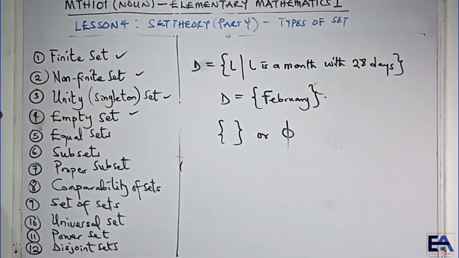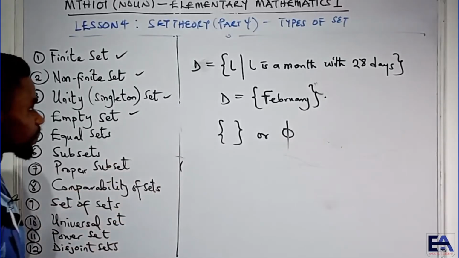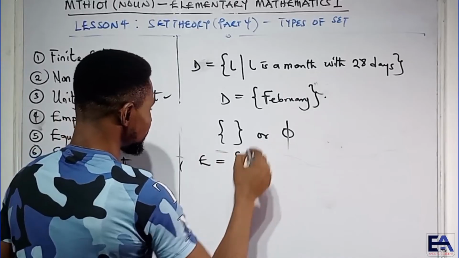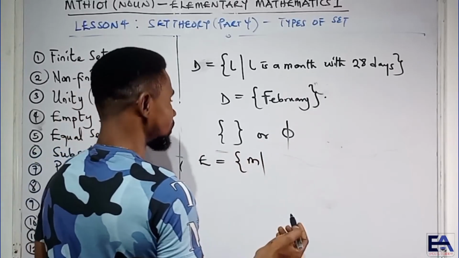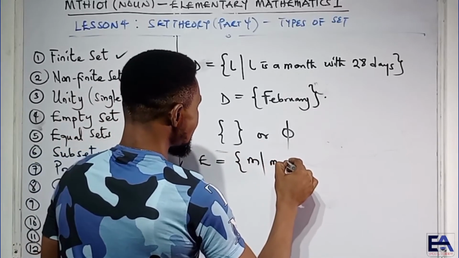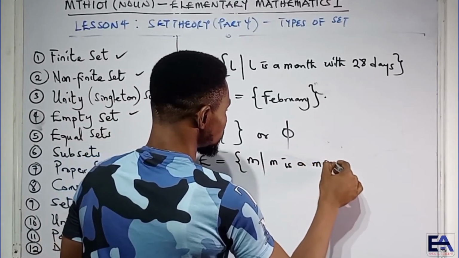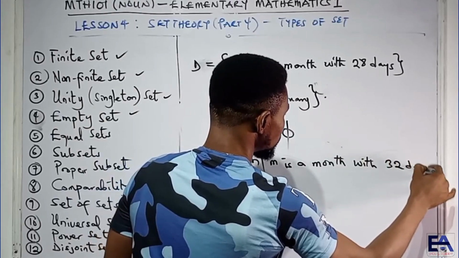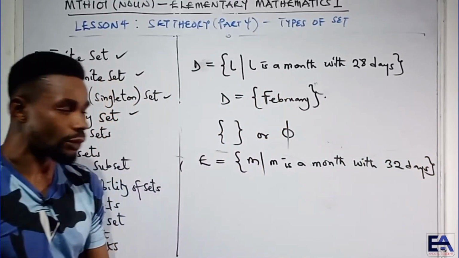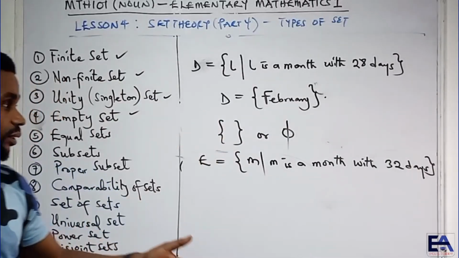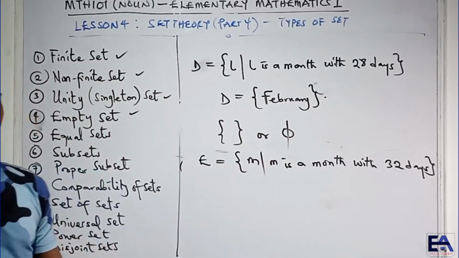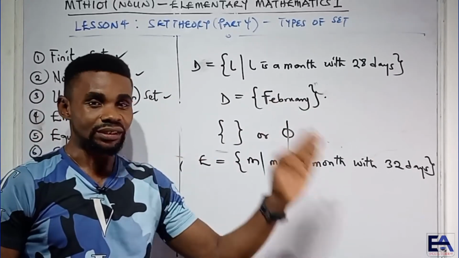So, good. Let me give you an example of an empty set. If you have a set E is a set of M such that M is a month with 32 days. We don't have any such month in English, or rather, I don't know about other kinds of calendar, but in our general calendar there is no month that has 32 days.